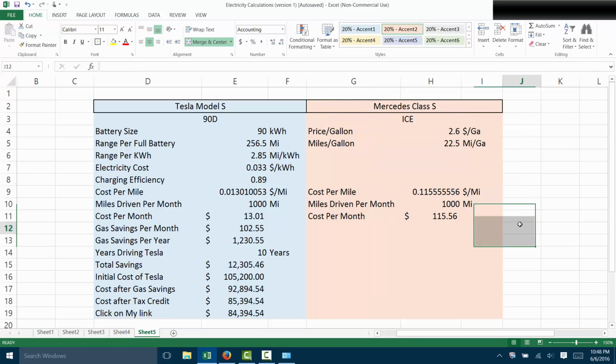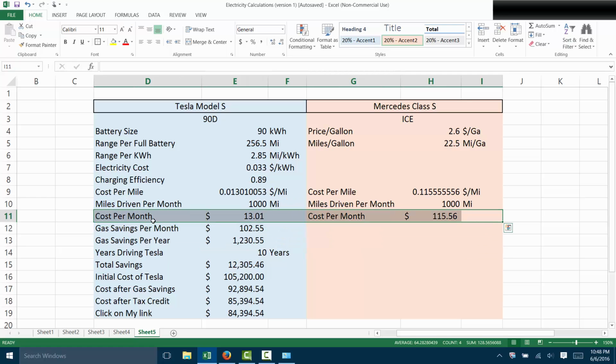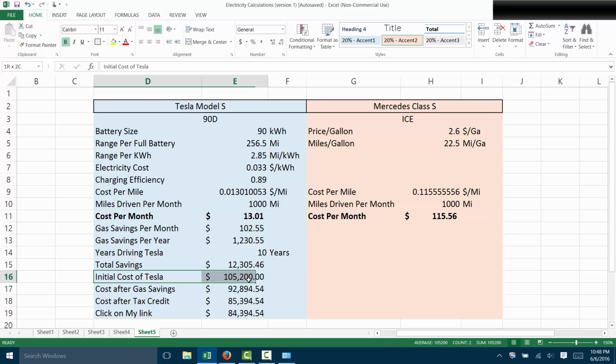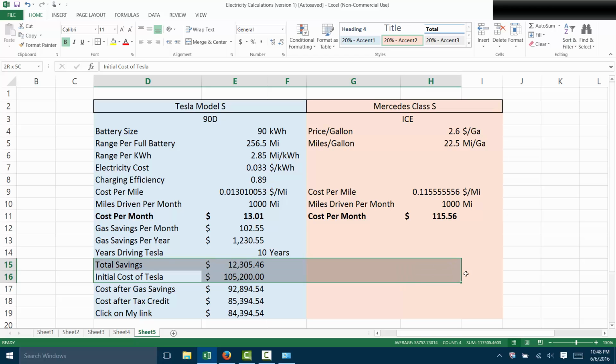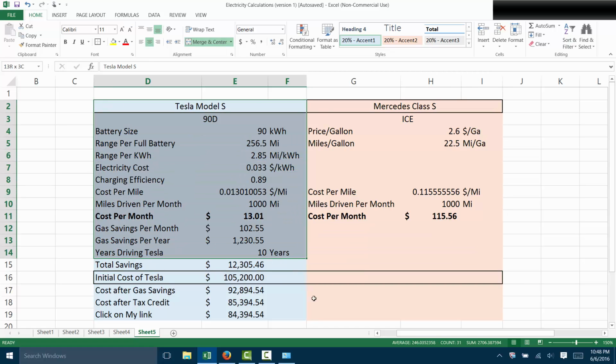So cost per month, we see the difference between those two. And then we have the initial cost of the Tesla, and the rest is what you get at the end with all the savings.